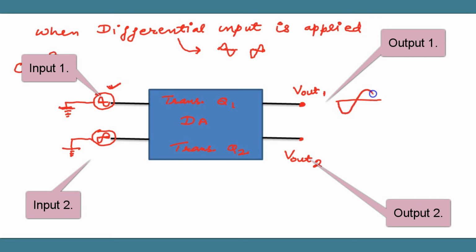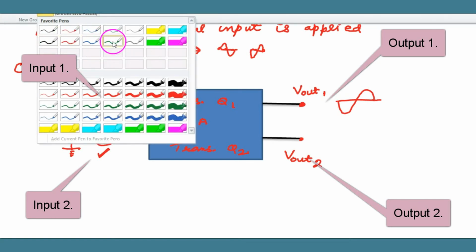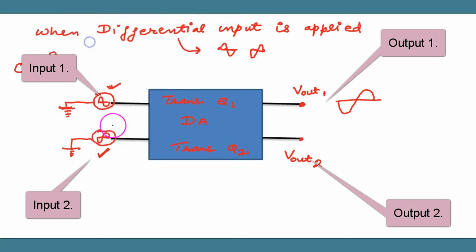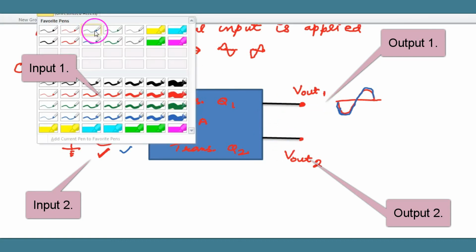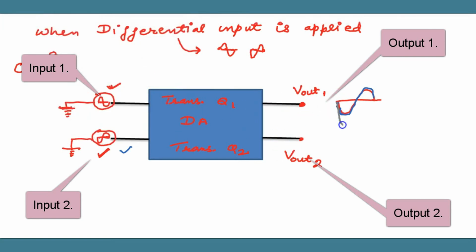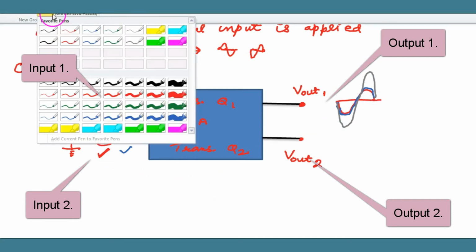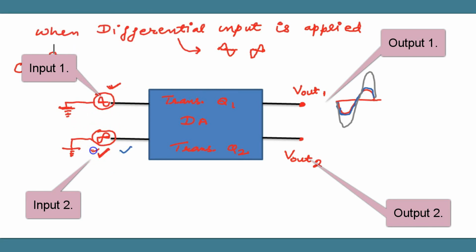Vout1, because of V input number 1 will be opposite in phase, and here there will be a second signal because of V input number 2, and because of V input number 2 the signal will be in phase. So both match. There is a matching in the two outputs at output number 1. So the signals sum up and we have a greater amplitude signal.